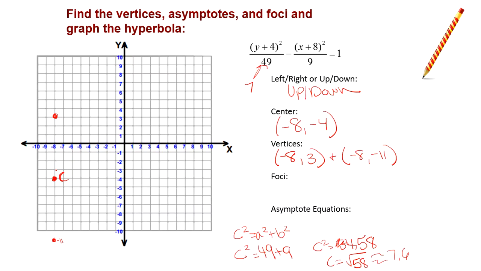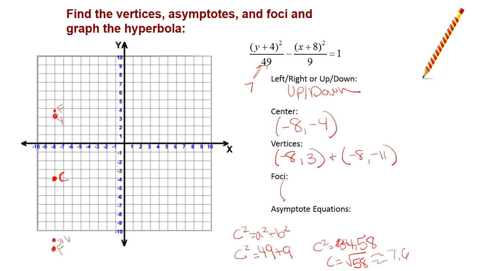So let's go up 1, 2, 3, 4, 5, 6, 7, and then 8. It's going to be around right there for my focus. Label my focus here too. Now I'm going to go down 1, 2, 3, 4, 5, 6, 7, and a little bit more for my focus.